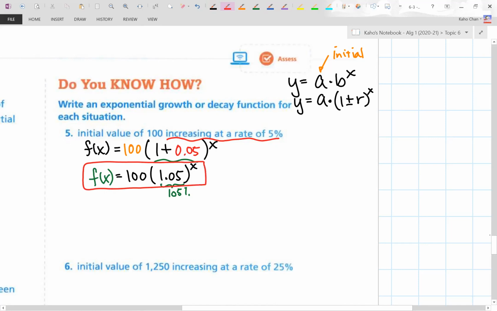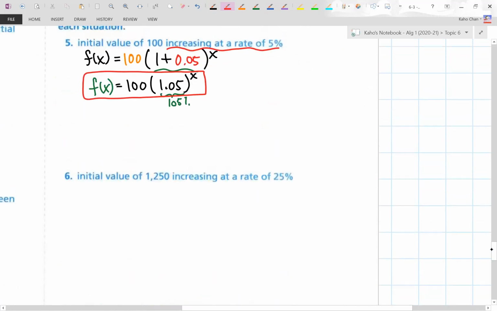Okay. Next problem. Another increasing. It's pretty much the same as number 5. 1,250. Ooh, 25%. 2 decimal places, right?